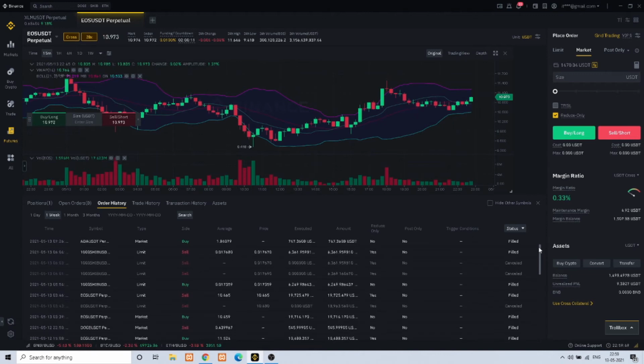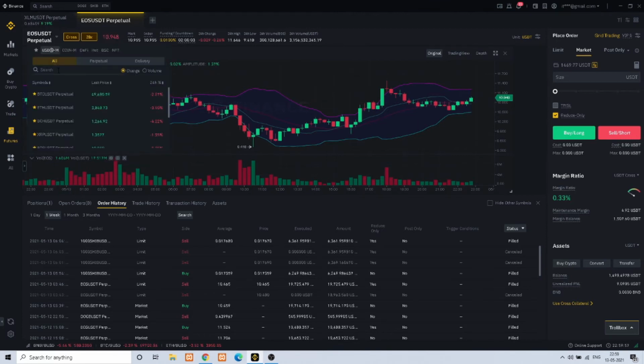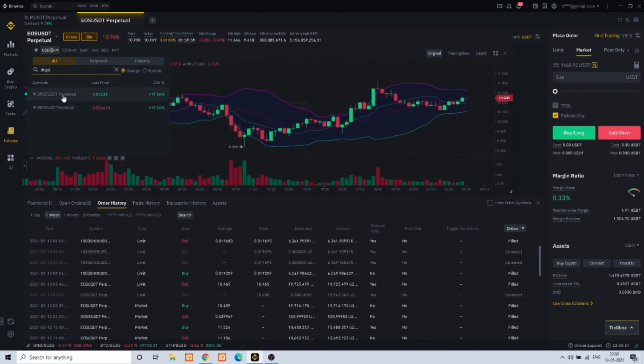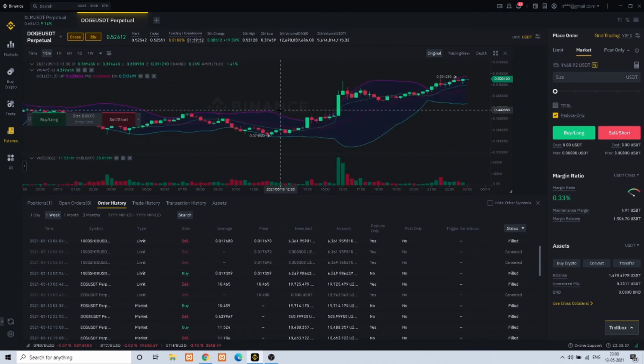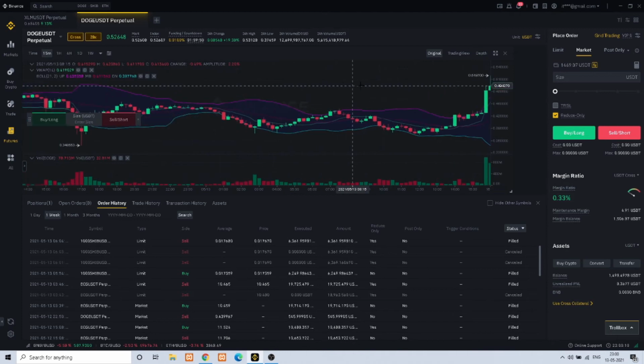To be honest and fair, there you go. So we shorted Doge. Let me show you what has happened. This was an interesting, hell of a ride. My God, it was a mind-blowing one.